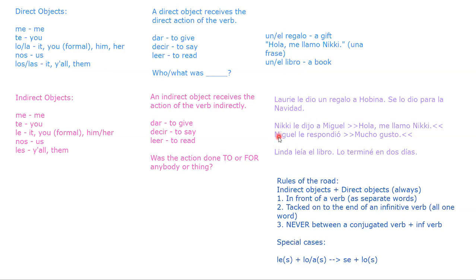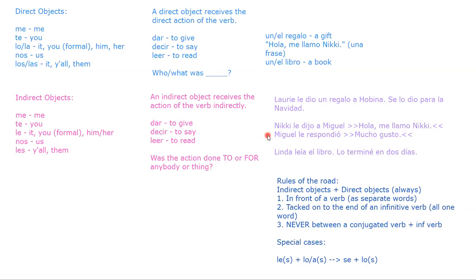I can assume that when I just say Miguel le respondió, he's responding to the person who just talked to him. This to her is standing in for to Nikki. If I just say Miguel responded to her, you would know what I was talking about in English. Same thing in Spanish. Miguel responded to her, mucho gusto.